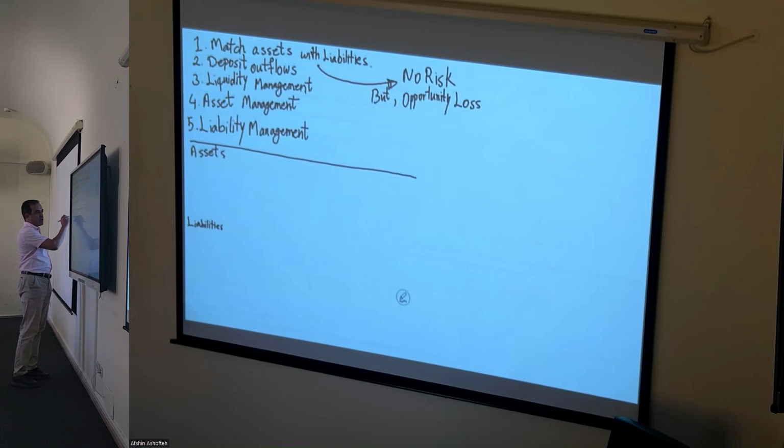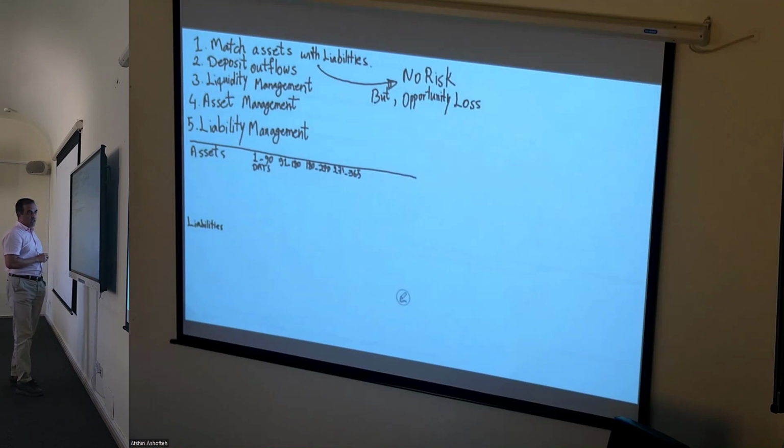So if we consider, for example, the assets of the bank in different buckets, for example, let's say 1 to 90 days, 91 to 180, 180 to 270, 271 to 365 days, and finally we can consider over 1 year, okay?